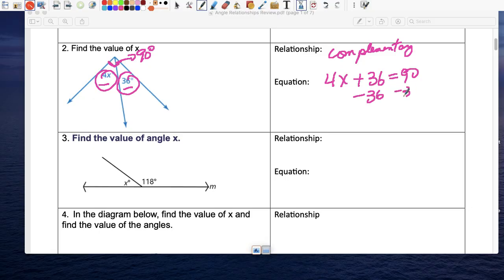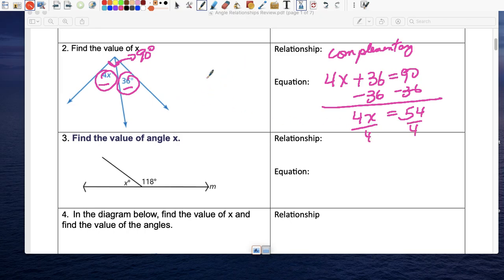Minus 36, minus 36. So we get 4x equals 54. Divide by 4, divide by 4. What's 54 divided by 4?